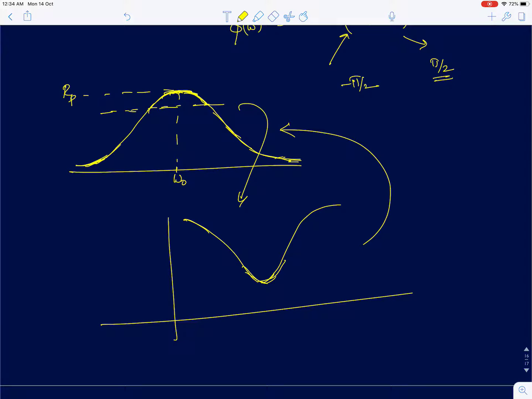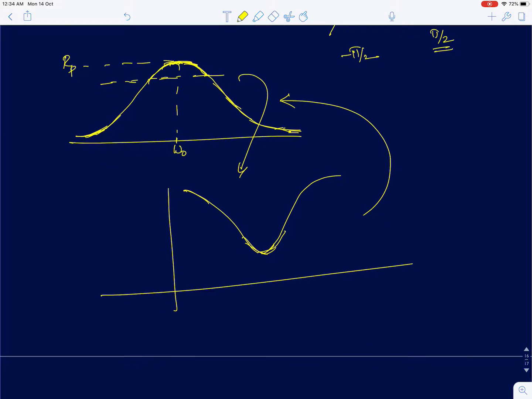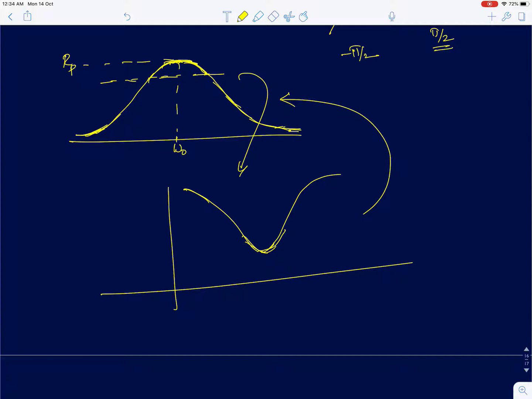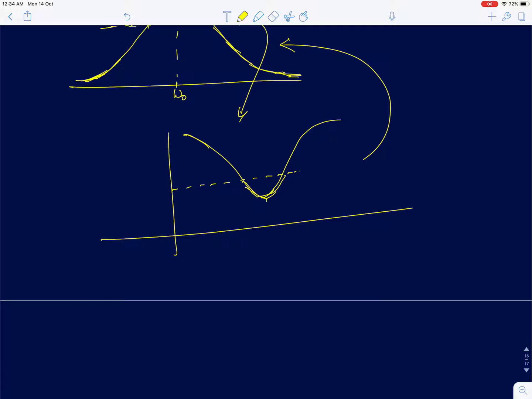So similarly, I can define a 3 dB bandwidth for a series RLC circuit as well. For an admittance, I can define the frequency at which the admittance becomes 1 by root 2 of its maximum value, or for impedance, I am going to define it as the frequency at which the impedance is going to become root 2 times its minimum value.